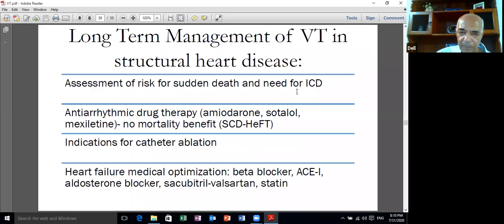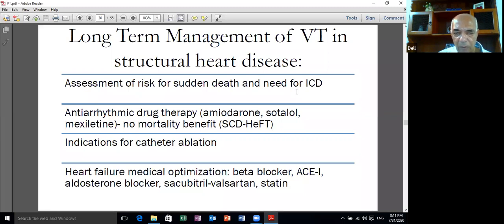Now, what's the long-term management of patients with ventricular tachycardia in the presence of structural heart disease? First of all, you assess the risk of sudden death and the need for ICD, essentially the ejection fraction below 35%. Antiarrhythmic drugs, including amiodarone, sotalol, mexiletine, although we know that although the mortality from arrhythmia decreases with these drugs, the total mortality does not decrease.